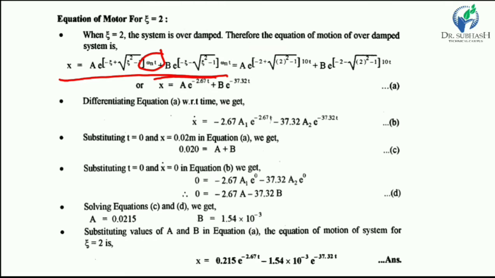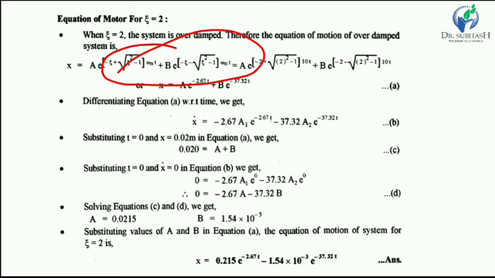Now in this equation we put all the known values, so the zeta values and omega n are put in.